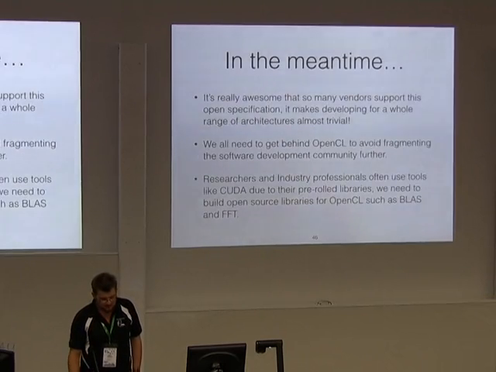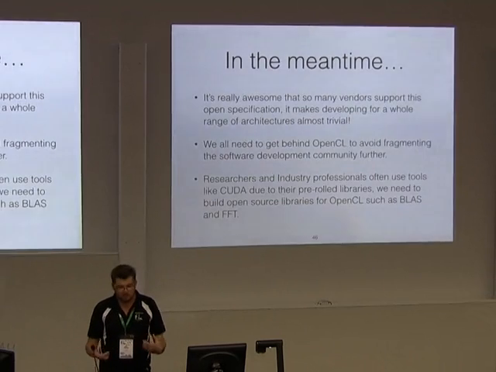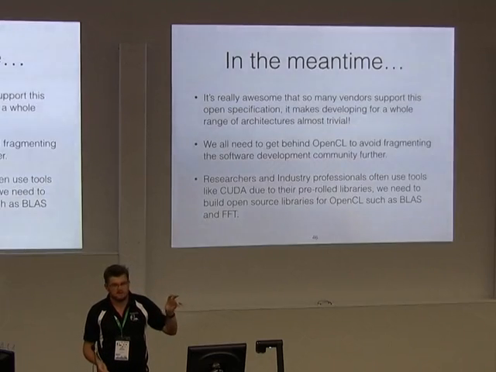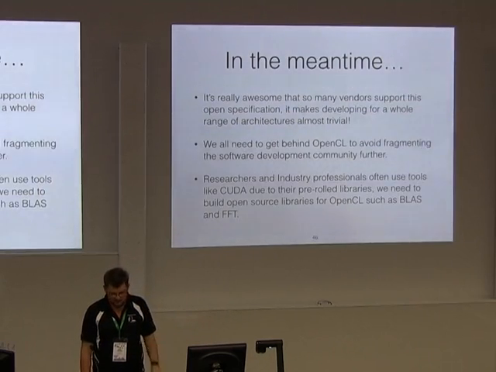In the meantime, I think it's great that all these vendors support this open specification, and it's a minimal amount of work to get these devices running. It's like 3 lines of code had to be changed to get this code running on this variety of devices.